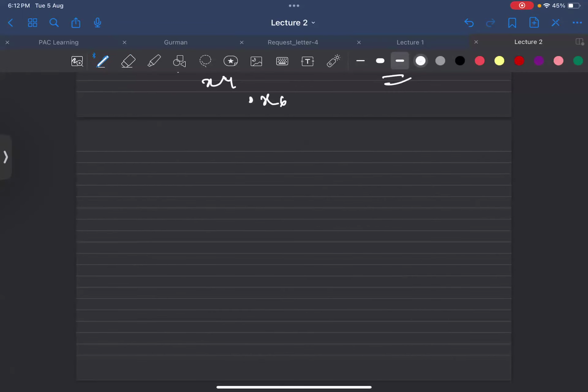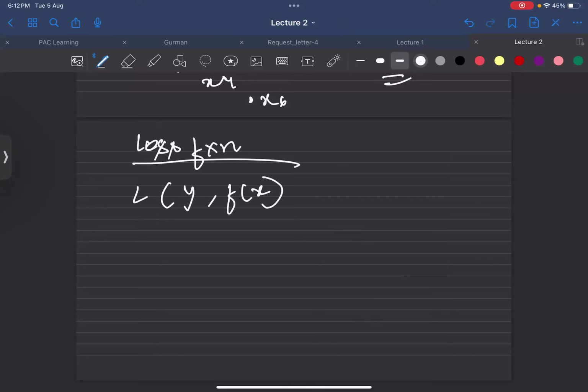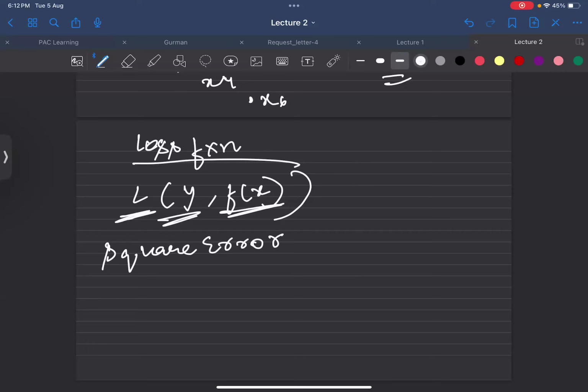Now we move to the loss function part. What is loss function? As you know, this is the true output, and by f(x) we have the predicted output. So we have to find how much gap, how much difference is there. There is a popular squared error loss function, or I'll say expected prediction error.